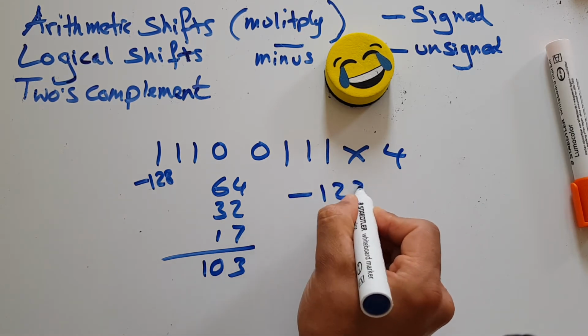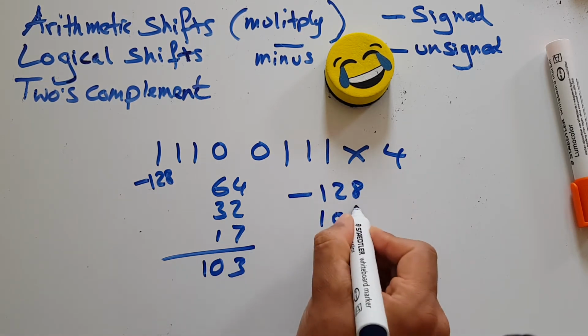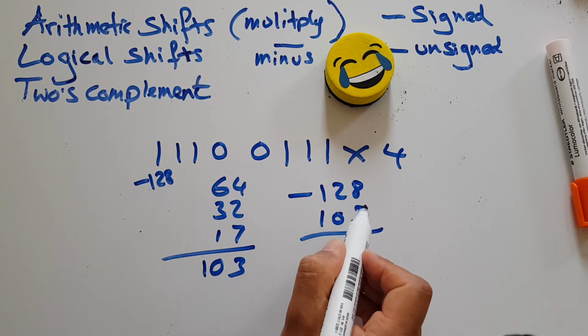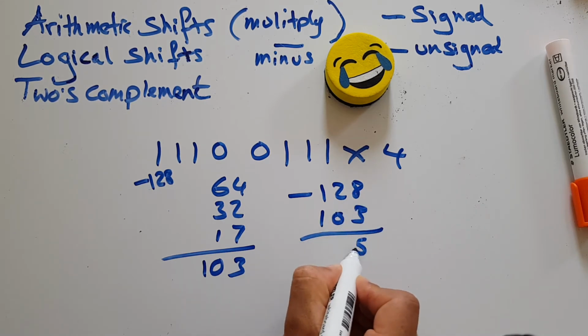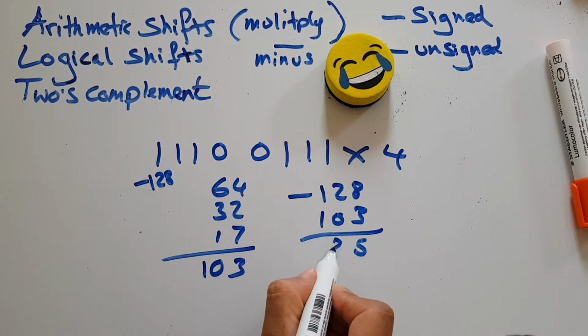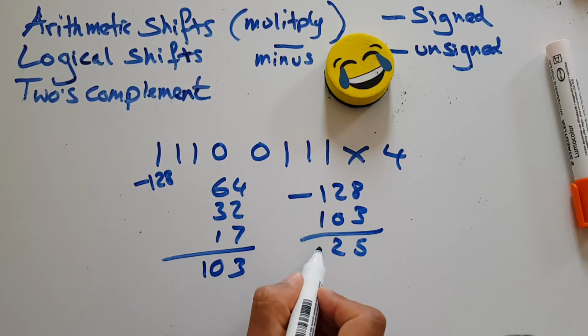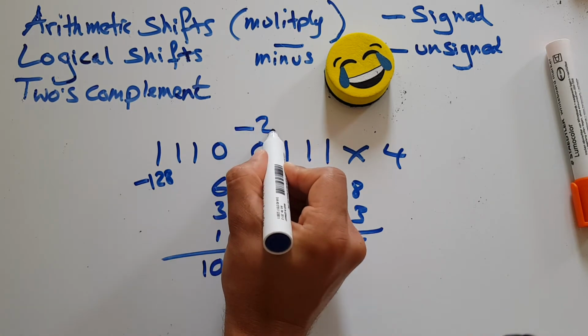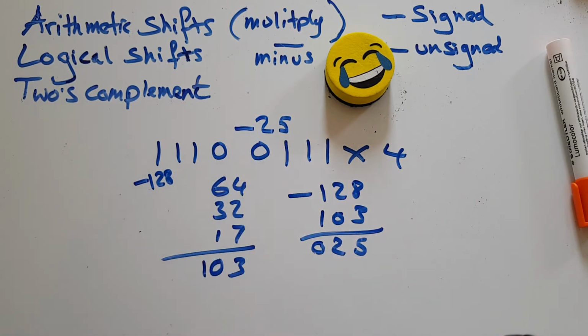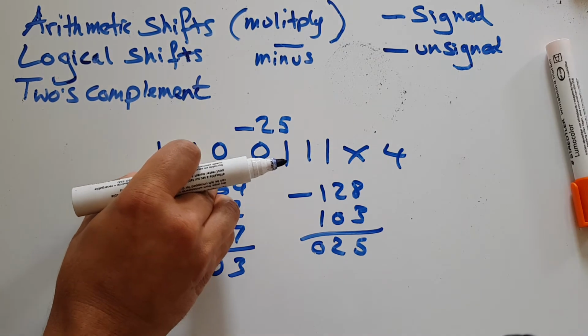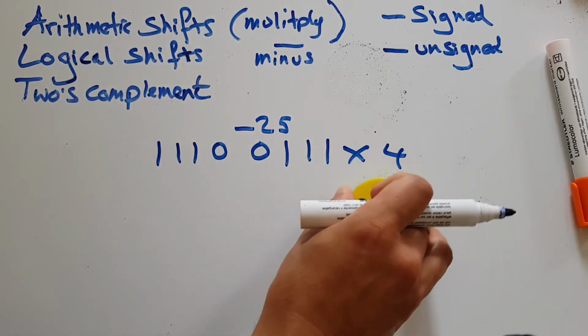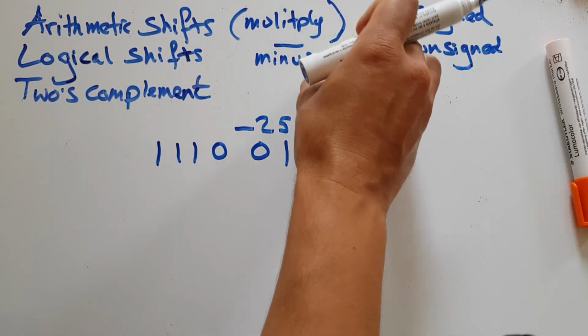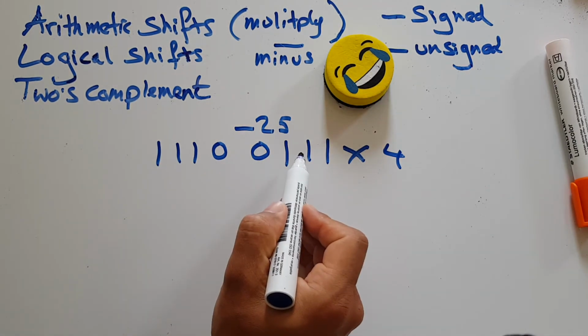Minus 128, take away the 103. So I got 8, take away 3 is 5. 2 take away nothing, well that drops to 2. 1 take away 1 is 0, so 25. So this is minus 25. Okay, using the 2's complement system, I've quickly worked out that that binary is minus 25.